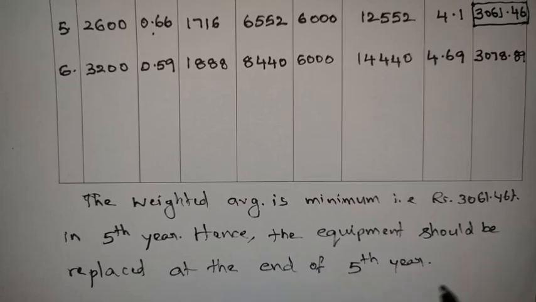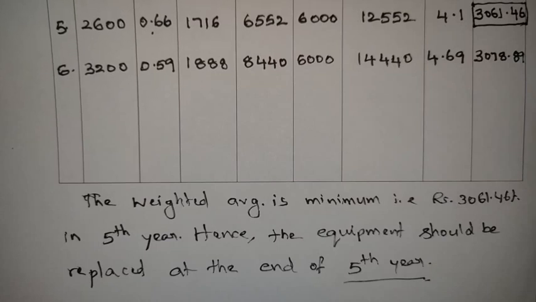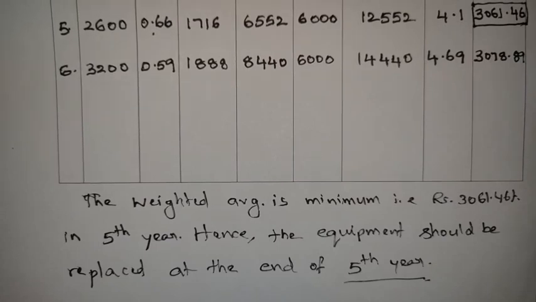Right? So this is the solution for the given problem. So like this we are going to solve. This is one model, and next we are going to discuss one more model, when the maintenance cost is given in an equation form. Right. Thank you.